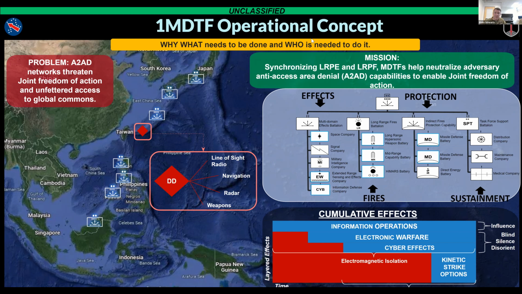There we go. The influence is the people, the silence and the disorient. Well, can we influence their navigation, and can we stop their communications that they have, like line of sight radios? So can we apply non-kinetic effects to influence those systems? And we do this for the land-based stuff too.